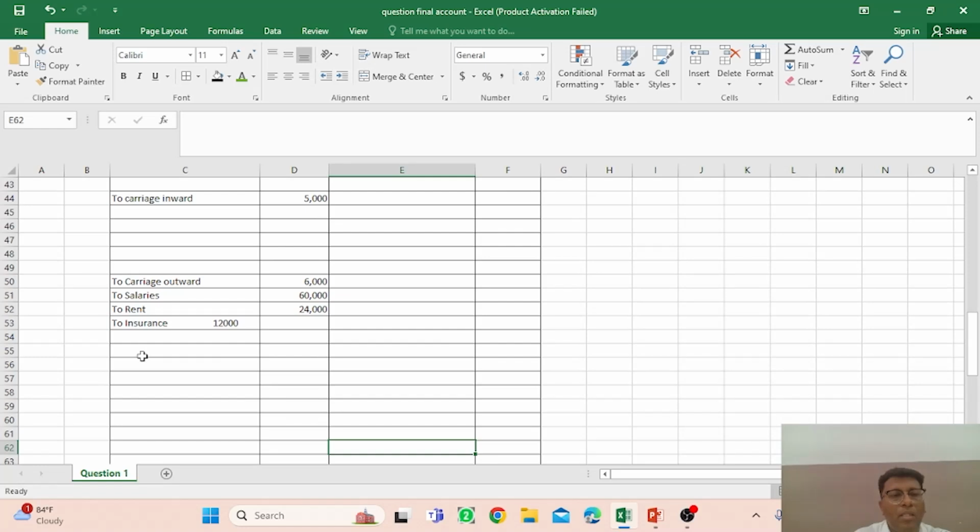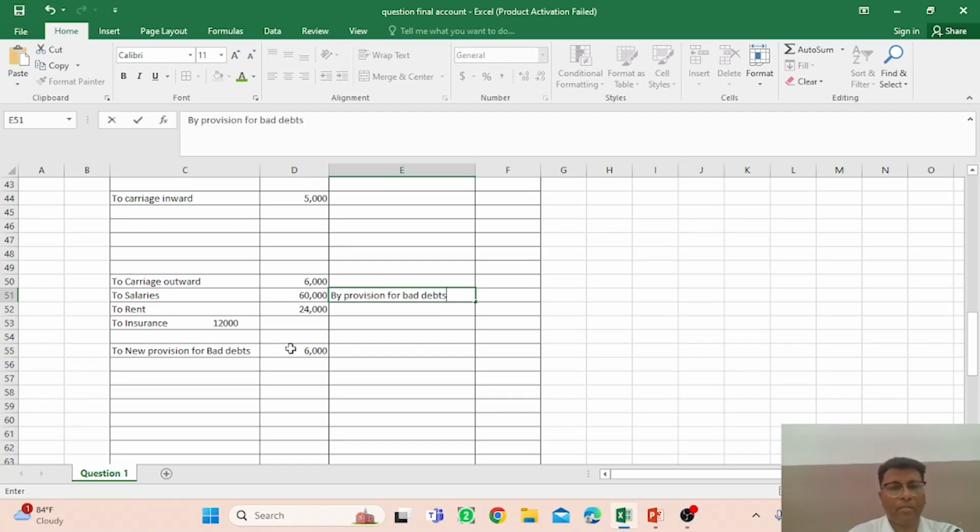So the adjustment would be made on the accounts' two sides. To new provision for bad debts, rupees 6,000. And as you cannot subtract the 10,000 out of 6,000, the answer would be negative, or minus. So you should write on the credit side this old provision: by provision for bad debts, it is the old provision, right? 10,000.